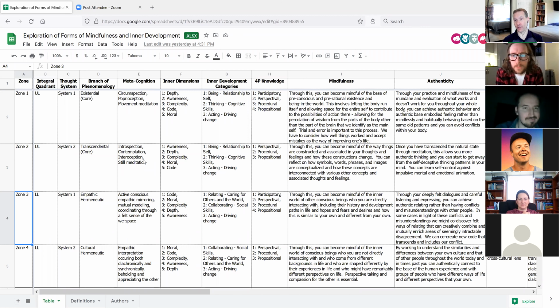In this case, the third dimension is based on the levels of cognitive thought, where you are on the stack of knowing. The ground of being is participatory, and above that you build the perspectival, procedural and propositional. That's the third dimension, if you can envision that.